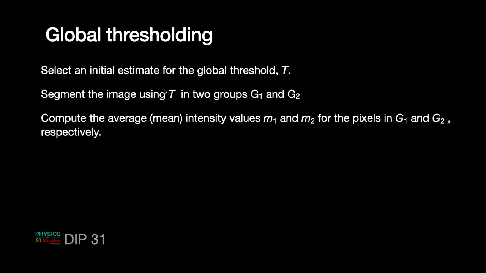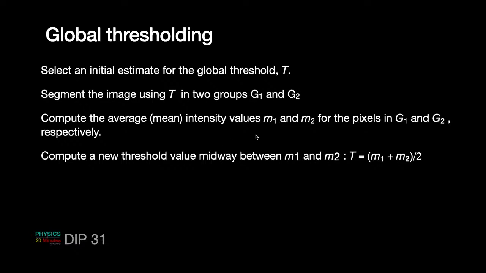You first take some arbitrary global threshold T, chosen towards the middle. If it's 0 to 255, maybe 128. You divide the image into two groups. Then for each group, G1 and G2, you find their mean values. And then from the mean values, you find the average of the two means.